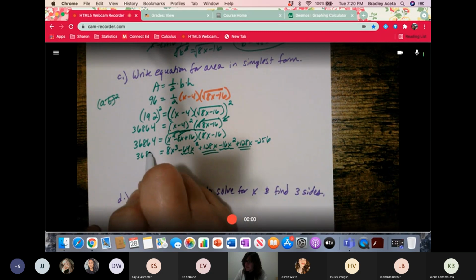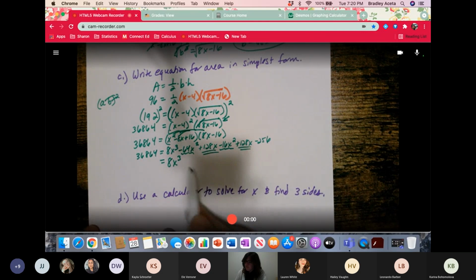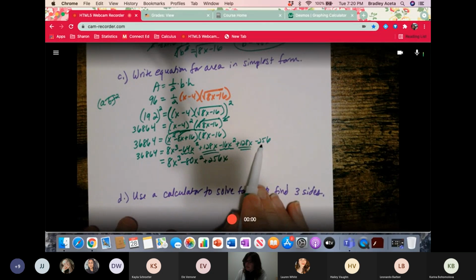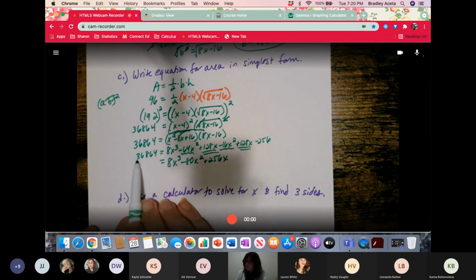And it still equals 36,864. So this would be 8x cubed minus 64x squared and a minus 16x squared, which becomes minus 80x squared. 128x and another 128x is 256x. And then the minus 256, and for the sake of time, let's bring that over to that side.